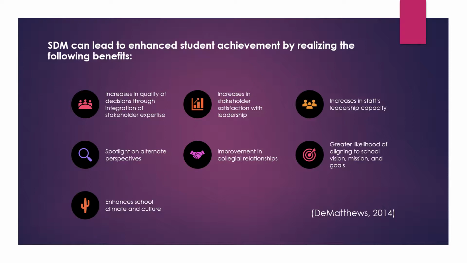As a result, we often see more teachers assuming leadership capacity, improvements in collegial relationships, and an enhanced school climate and culture. With this comes a greater likelihood of aligning to our school's vision, mission, and goals, which of course brings us back to improvements in student achievement and their overall educational experience. When we work together, students reap the benefits.